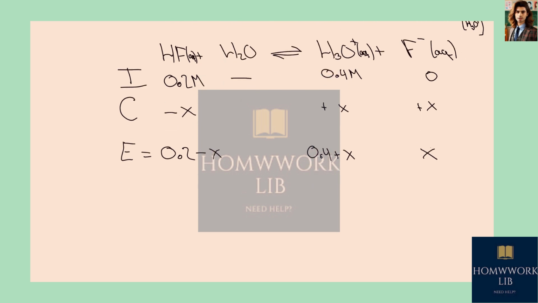Now we can write down our acidity constant for HF, which we know is 6.8 times 10 to the minus 4. So it is a small constant, so we would expect the dissociation to be very small. We are going to look at what approximation we can make here and which one we cannot.